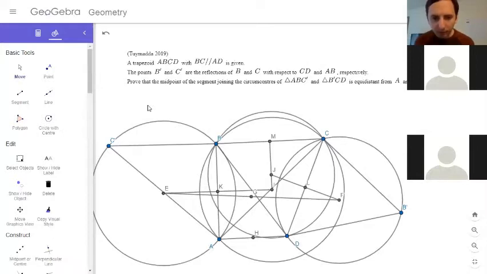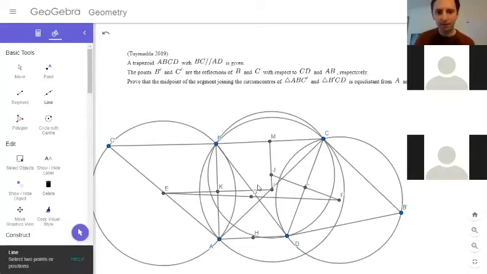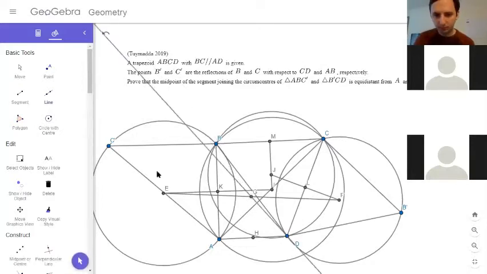So yeah, let's see. What is point H that you made in line AD? I define H to be the midpoint of AD. I just thought it might be useful, although it's not actually in the problem.